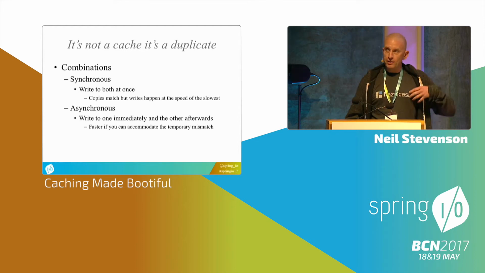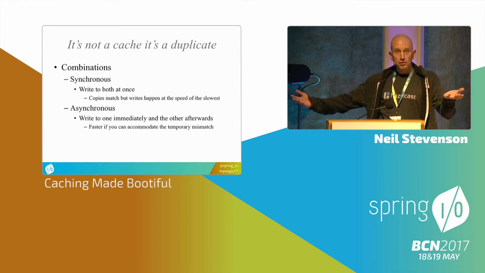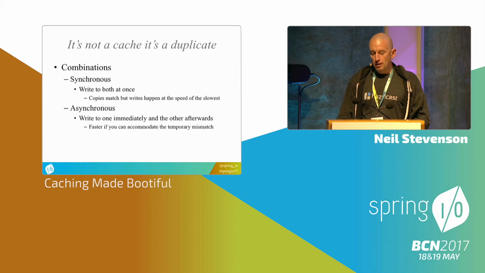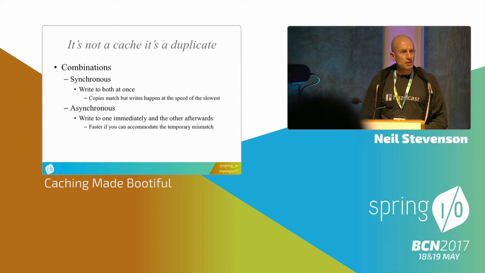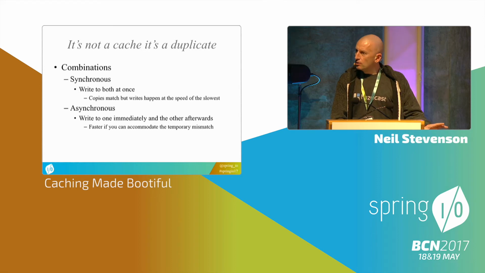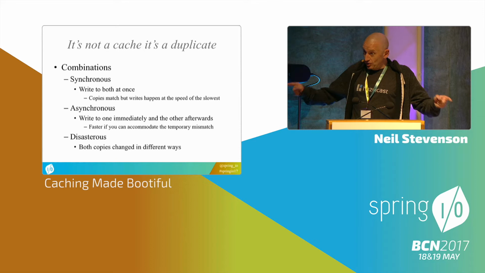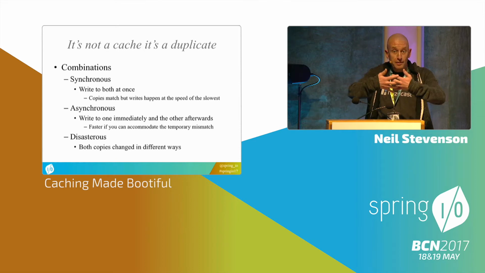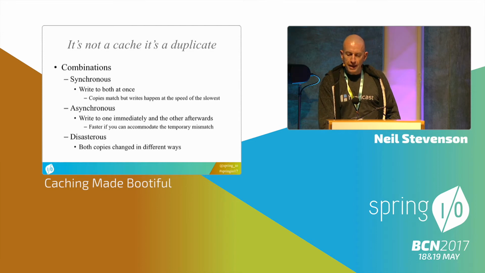You've got asynchronous, where you change one and then later change the other. Not immediately. And that means they temporarily don't match, and depending on which one you're using, that's maybe good, maybe bad, maybe tolerable, maybe intolerable. And it's really bad if you're changing both copies at once. Then they meet in the middle, and who knows what's happening. So that's a bad thing.